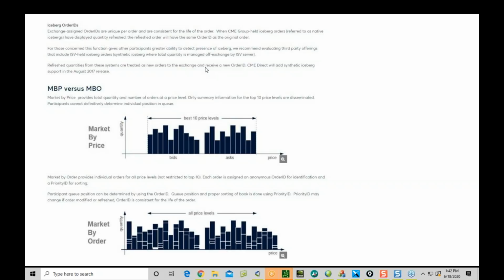And then the icebergs. Those of you who don't know, icebergs are large orders from these big houses, big paper we call it, like the Bank of Americas, the big hedge funds, the big quant funds. They trade millions and millions of dollars at a time, and they can't go directly to the market with their orders.